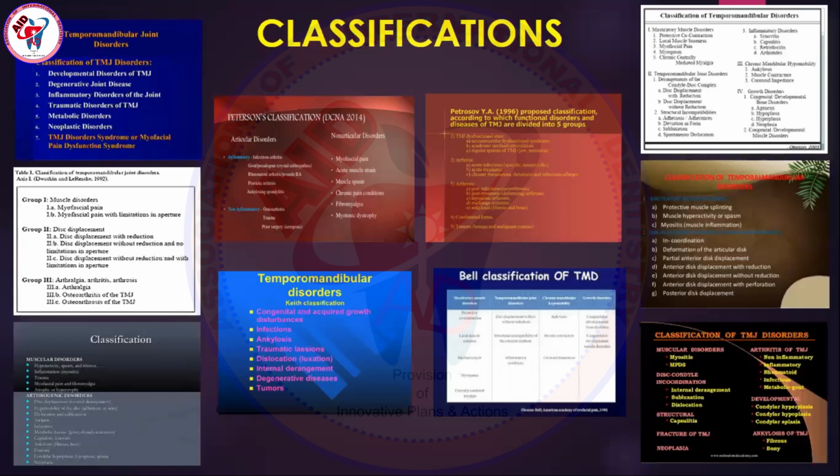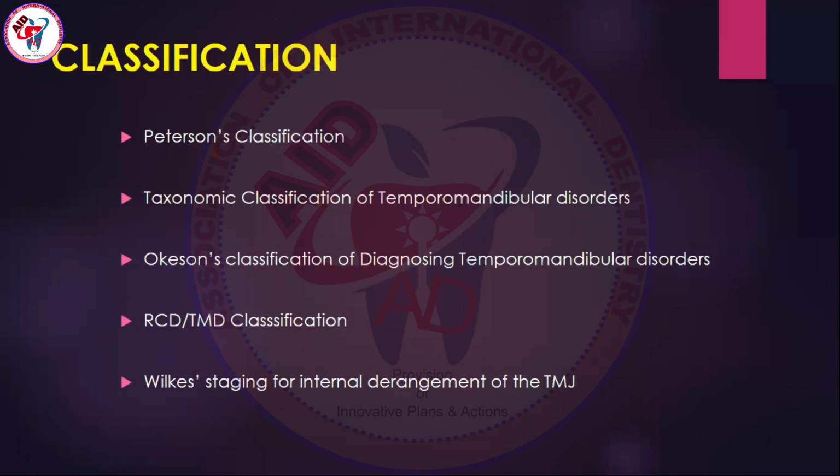So when we sort out these classifications, we come to know that the ones generally more universally accepted are the Peterson classification, the taxonomic classification of temporomandibular disorder, the Ocasson classification of diagnosing temporomandibular joint disorder, the RDC/TMD classification, and Wilkes staging for internal derangement of the TMJ.